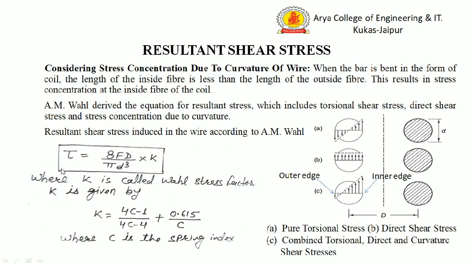In the last equation, if we consider the stress concentration effect due to the geometry of the spring, the third stress in the spring is the stress due to the curvature of the spring. If we consider this effect, we use a factor K in place of Ks.